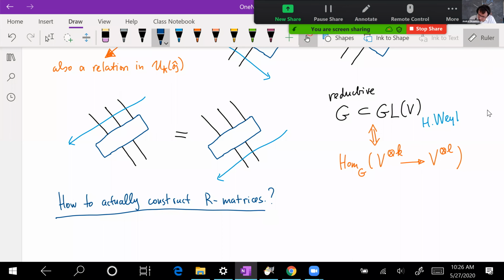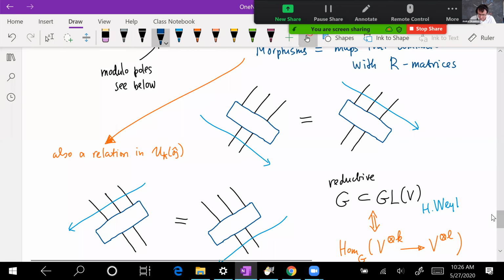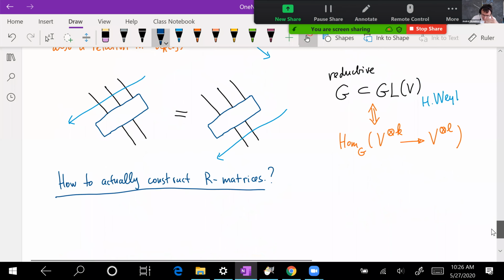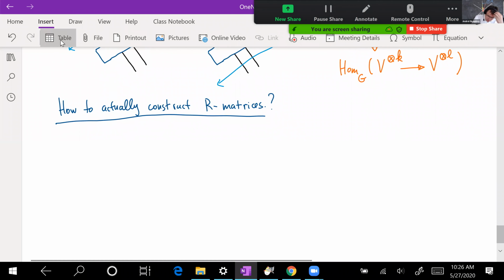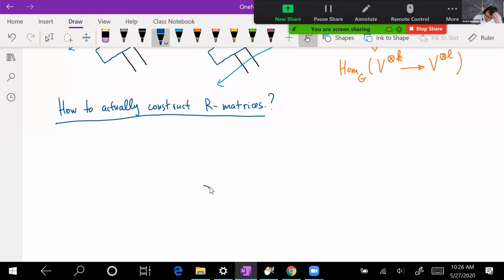So this R matrix, you can place the R matrix in a slightly more general discussion, namely how we would be thinking about constructing. So R matrix is an example of a morphism in this category.